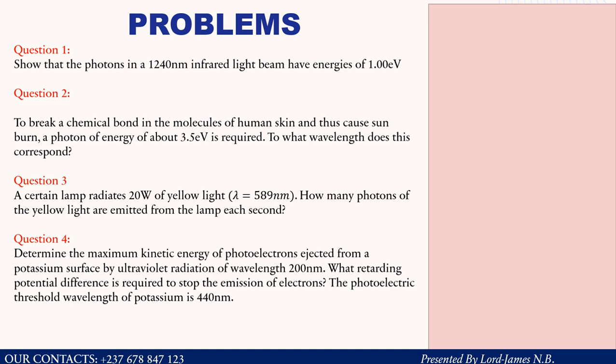What retarding potential difference is required to stop the emission of electrons? The photoelectric threshold wavelength of potassium is 440 nanometers. So let's go to the next slide and solve these problems.